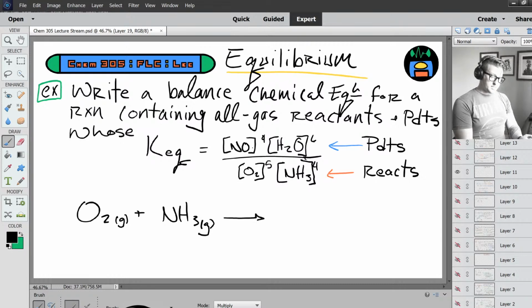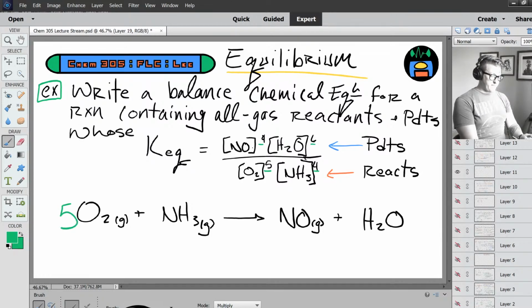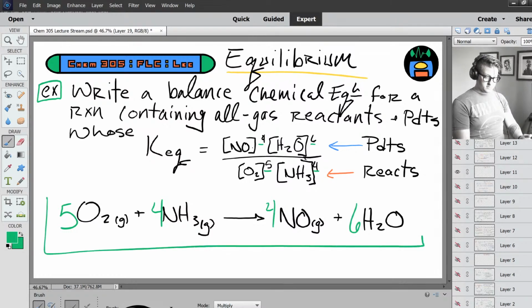And our products are NO gas and water vapor. Now you may be going, yeah, but now we have to balance it. No, you don't actually. Because remember, your exponents here are all your stoichiometric coefficients. So that means we have 5 molecules of O2, 4 molecules of NH3, 4 molecules of NO, and 6 molecules of H2O. This is your final answer.